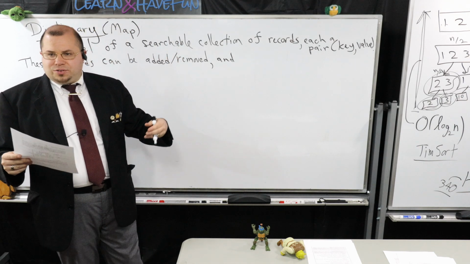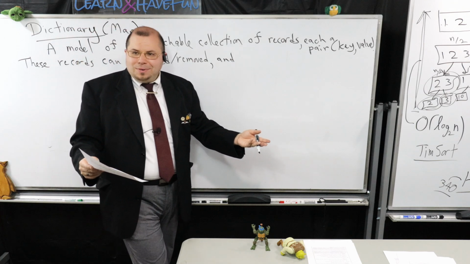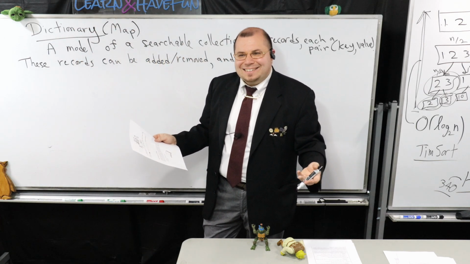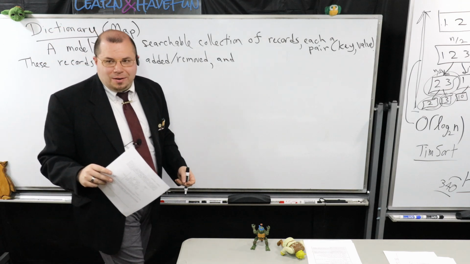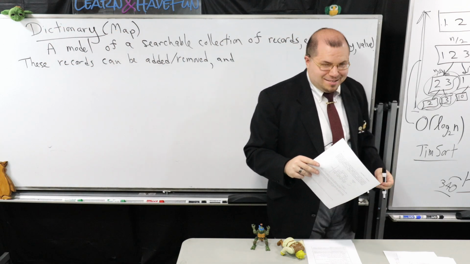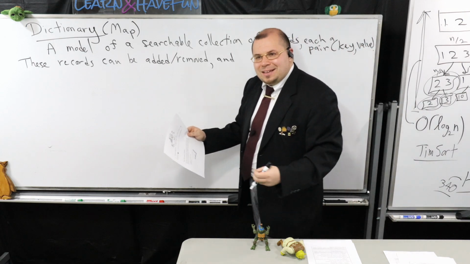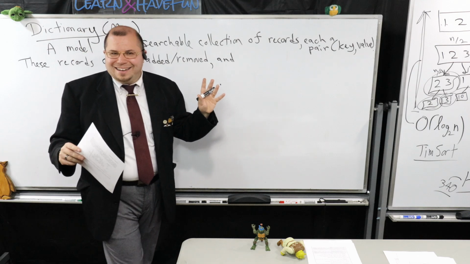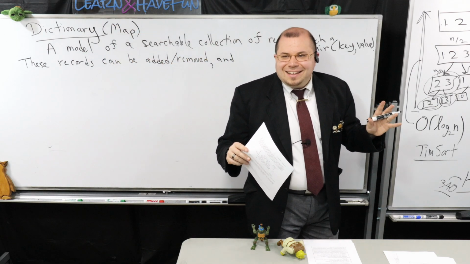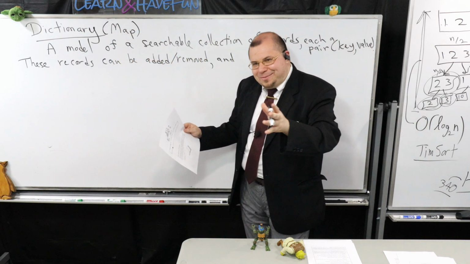For those that are interested in data, what does this sound kind of like? Does anybody have any ideas of what that might sound like, if you have a fascination with things like data? What does this dictionary thing sound like?